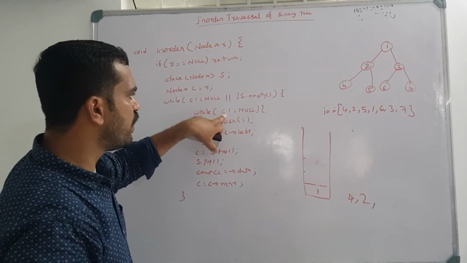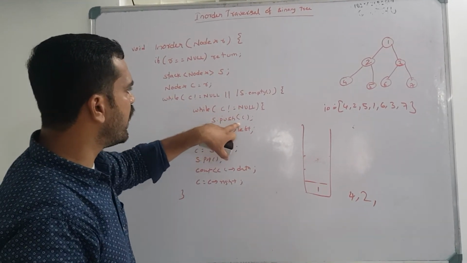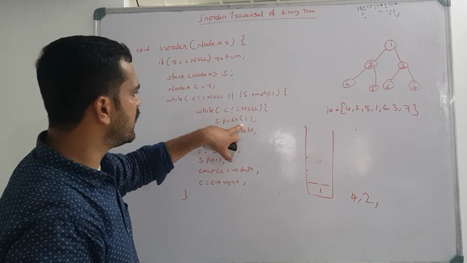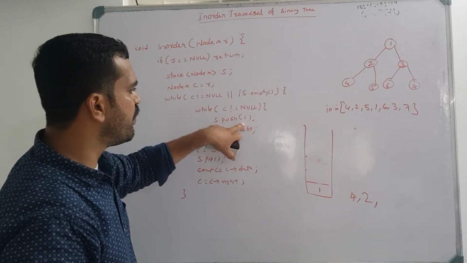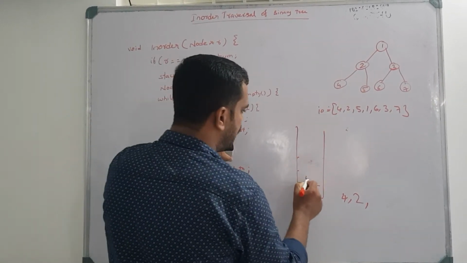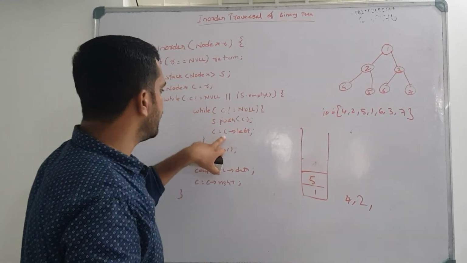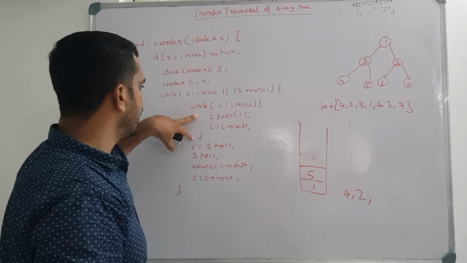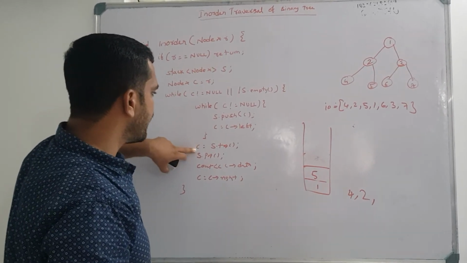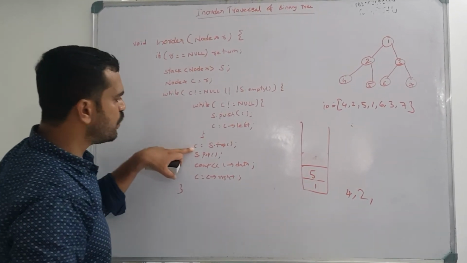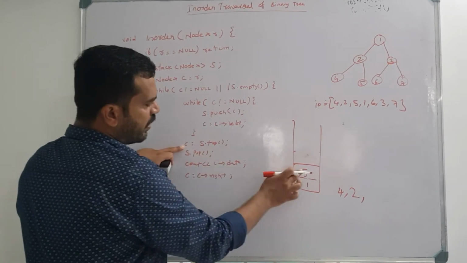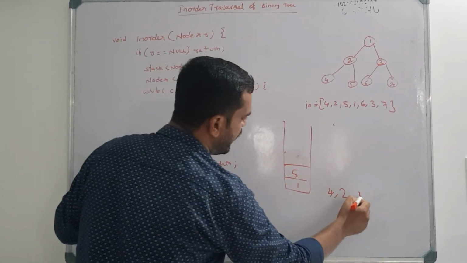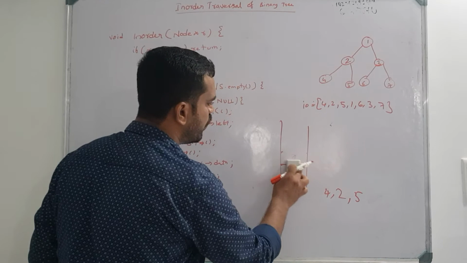C is not equal to null, yes, and we are going to check the element 5 here. So element 5 will be pushed here, and then C's left is null, right? So this loop will break, and now the stack top element is 5. Again 5 will be printed here and this element will be removed from the stack.